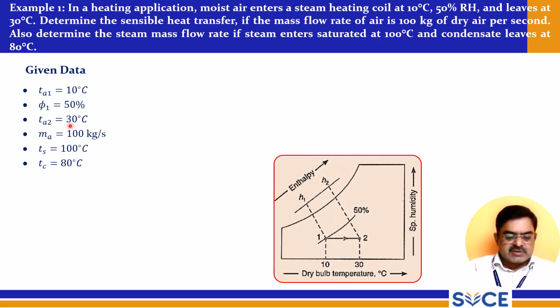This is the dry bulb temperature psychrometric chart. Now we have 10 degrees Celsius and 30 degrees Celsius, and this is the 50% relative humidity line. So from 1 to 2, the corresponding enthalpies can be found from the psychrometric chart, that is H1 and H2.